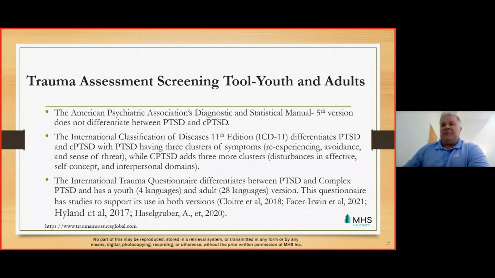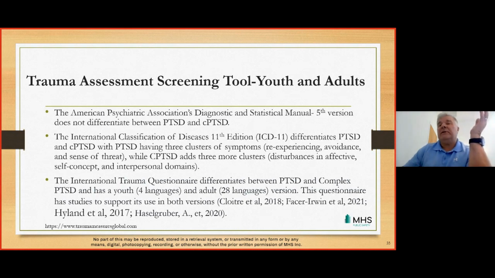For just a quick description, the child and adolescent version is a brief 12-item instrument that's used with individuals 7 years old to 17. The adult version is a brief 18-item measure which focuses on the core features of post-traumatic stress disorder and complex post-traumatic stress disorder.